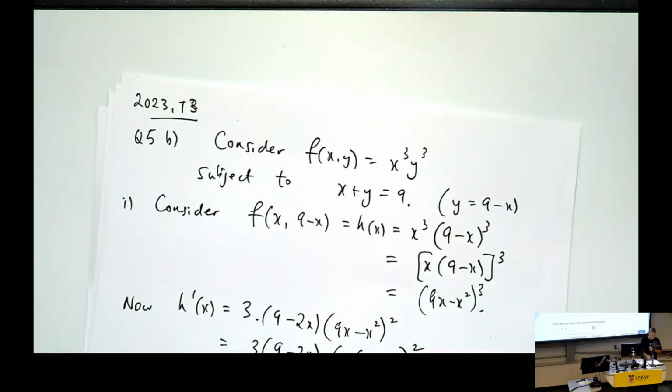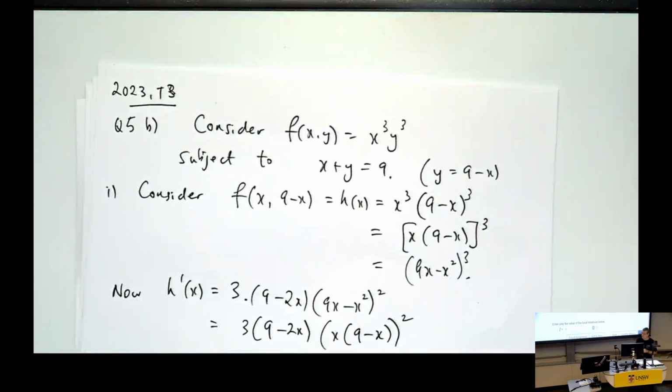Okay? So it's pretty easy to work out where the critical points are if you do it this way. They're going to happen at x equals 0, x equals 9, and x equals 9 on 2.